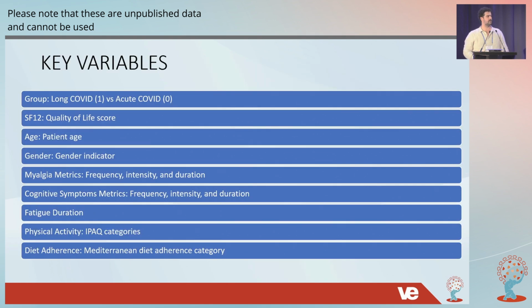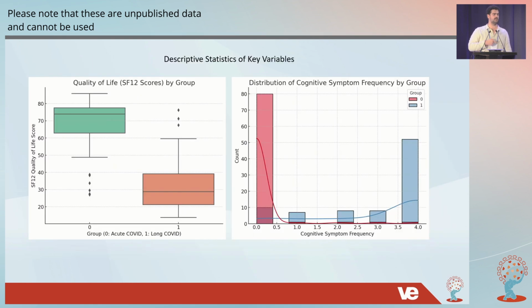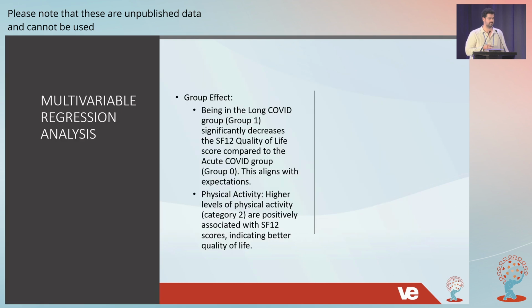These are the key variables that I chose for this publication. This is a very brief and quite basic summary. Obviously, the long COVID patients have a worse quality of life, and the cognitive symptoms play a big role in this.